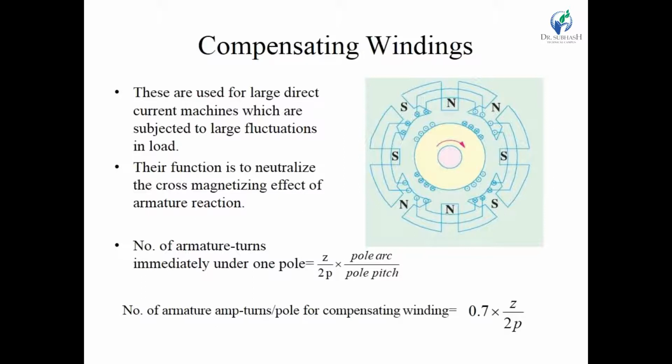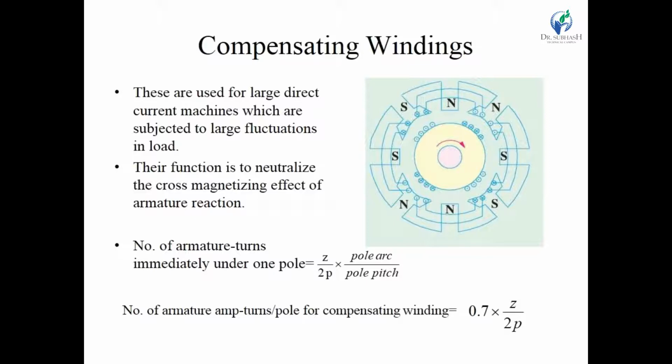If the current reversal is not complete by that time, then sparking is produced between the brushes and commutator, and the brush can be damaged. Thus, sparking at the brushes is due to poor commutation, which is due to the inability of the current in the short-circuited coil to reverse completely by the end of the short circuit period.